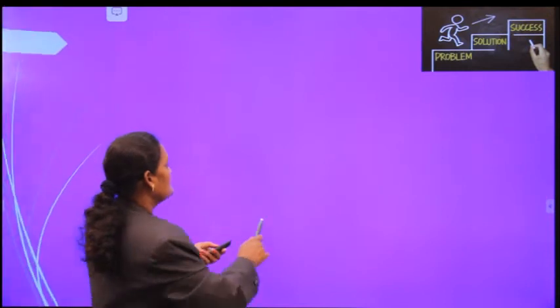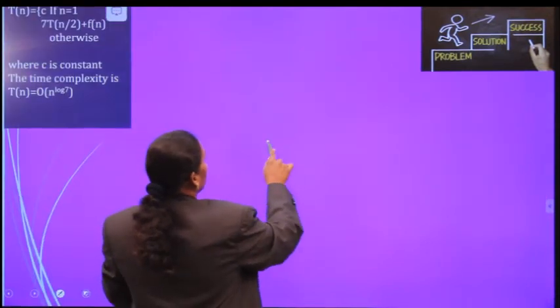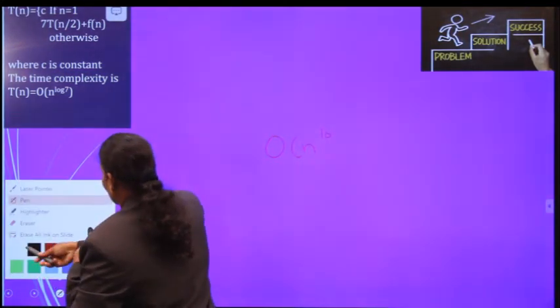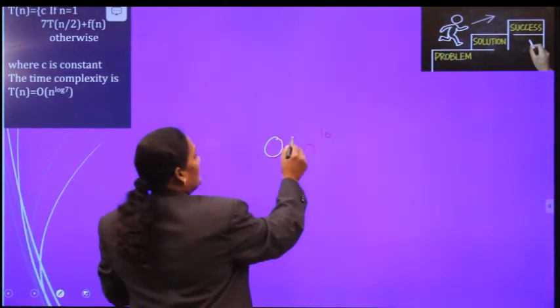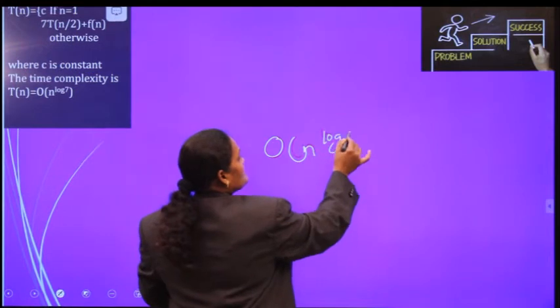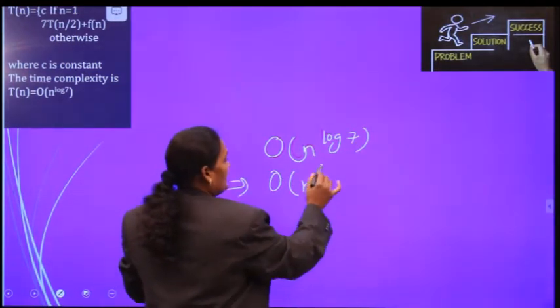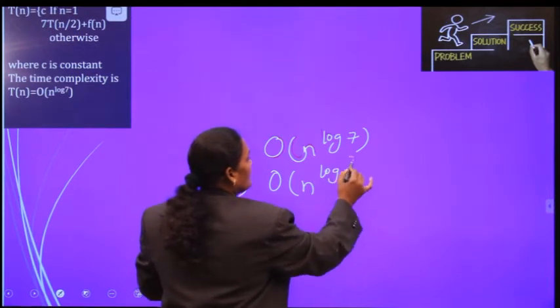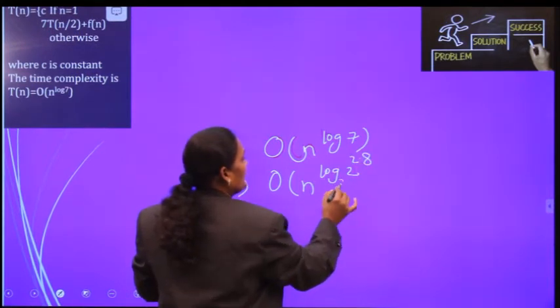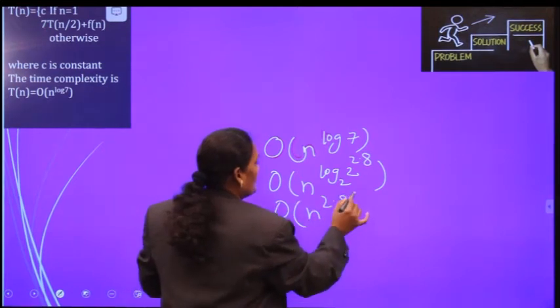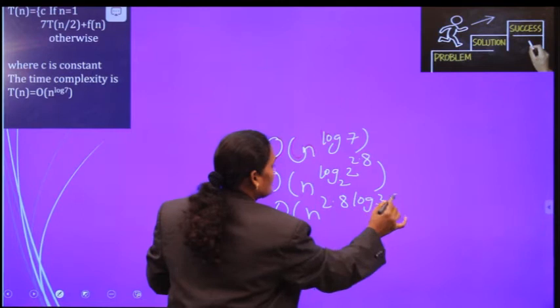Big O of n power log 7 means we can write this as big O of n power log 2 power approximately 2.8 base 2, which becomes n power 2.8 log 2 base 2.